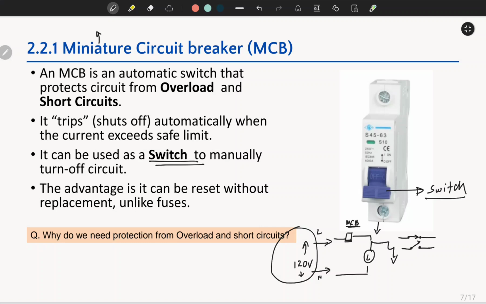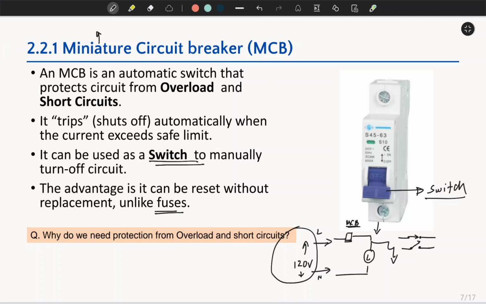Now the advantage: in earlier days, what was the safety device? The safety device was the fuse. But what happens with the fuse is it cannot be reused. You always need to replace it.